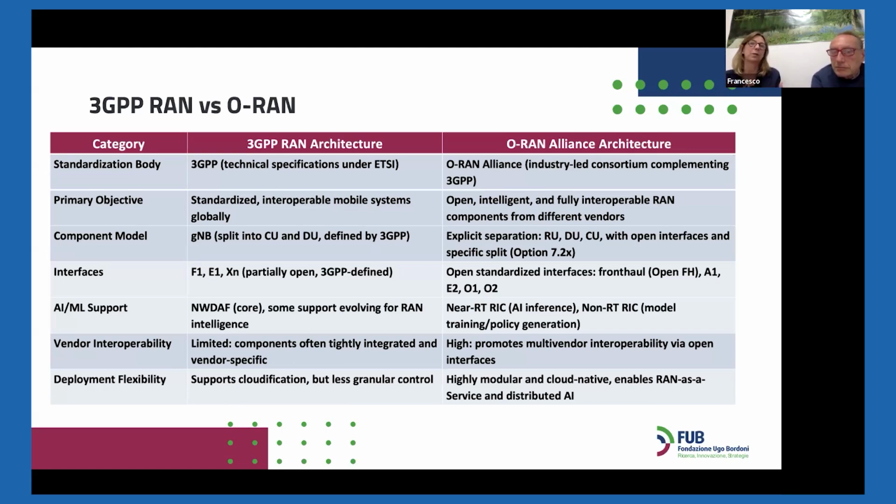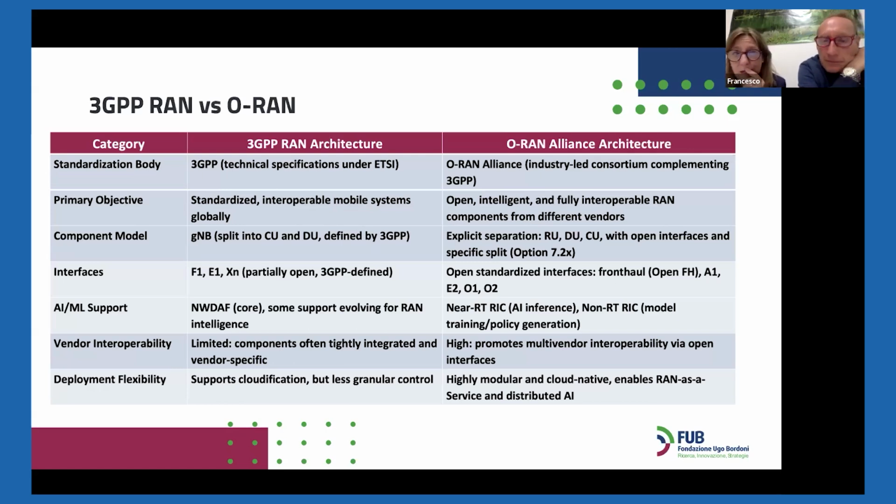This allows the possibility of improved intelligence in this part. For the interfaces, O-RAN uses the interfaces that are typically defined for the radio access network in 3GPP, while Open RAN introduced new interfaces, allowing the things that we have said before.